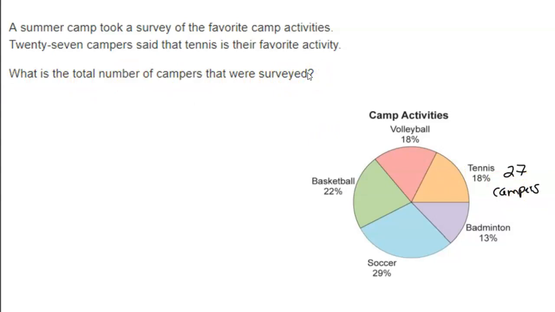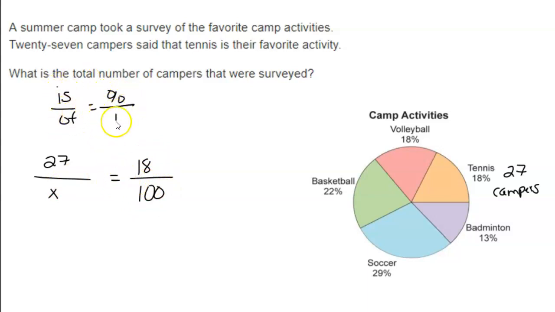This is just like that previous example that we did. I need to figure out what my total was, so 27 is 18% of what? When you do is over of equals percent over 100, the percent's always going to go in there anyway, so you just have to figure out where the 27 is going.